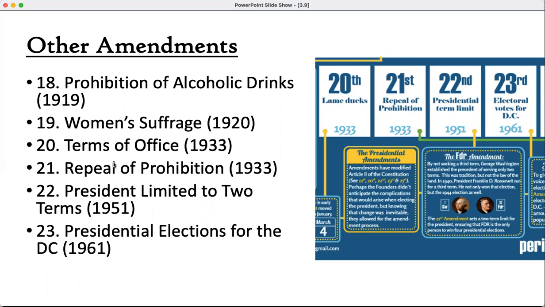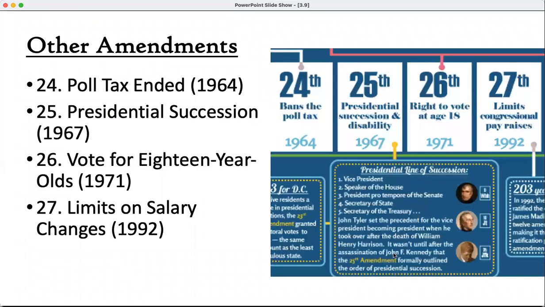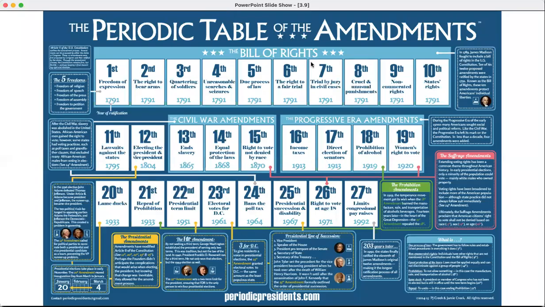It moves inauguration day. 21st Amendment, no more prohibition. 22nd Amendment, president is limited to two terms. That's the FDR one. 23rd Amendment, what do we do about presidential elections in DC? 24th Amendment, no more poll tax. 25th Amendment, vice president. 26th Amendment, 18-year-olds can vote. 27th Amendment, limits on salary changes.